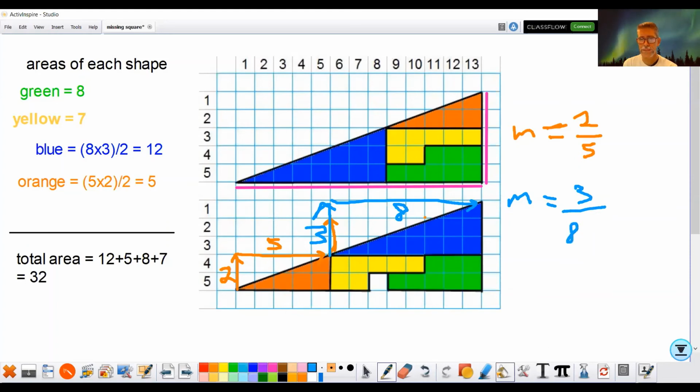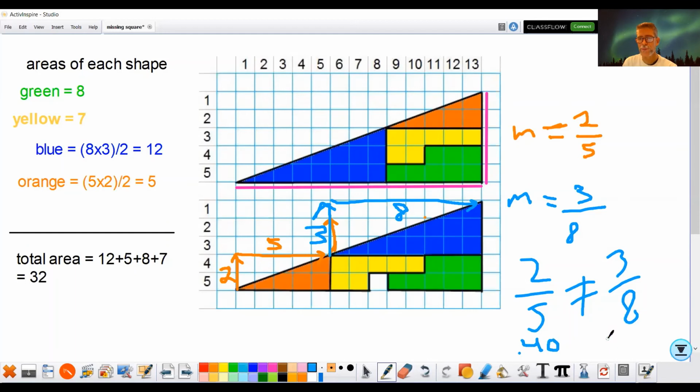And there lies the problem. 2 over 5 does not equal 3 over 8. Those are two different fractions. In fact, this fraction is 0.40, it's 40%, while this fraction is 0.375. These are not equal.